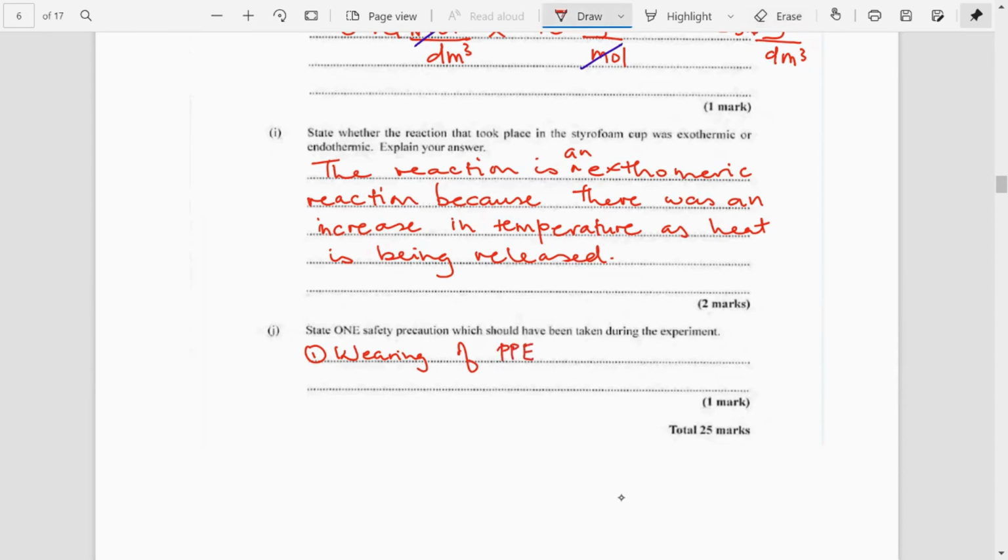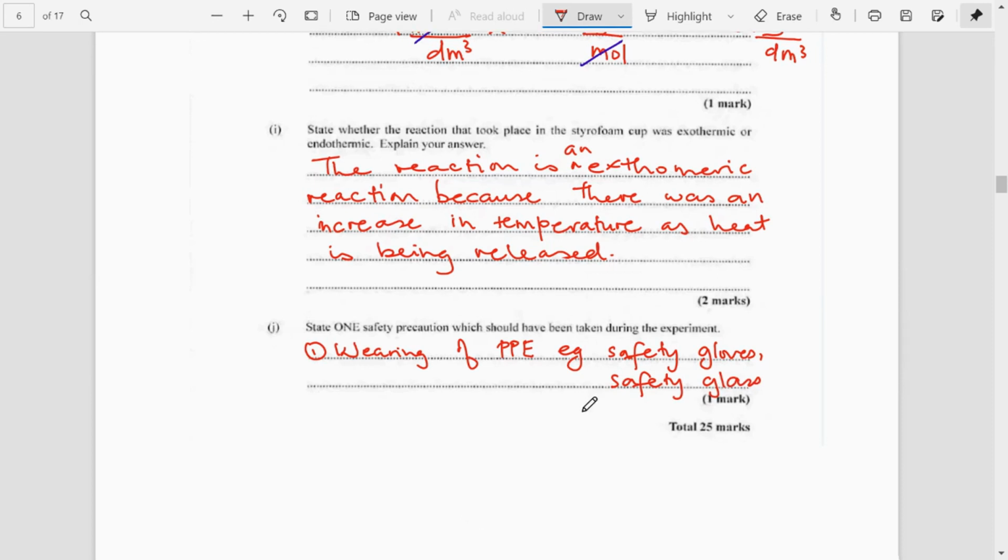For example, your safety gloves, your safety glasses. Because some exothermic reactions can get really hot, it can burn your skin if it catches your skin. And yes, that's question one.